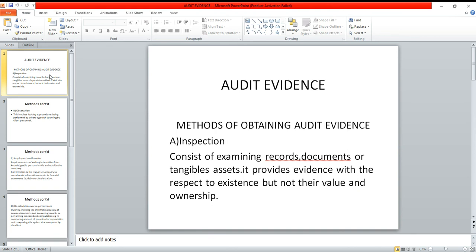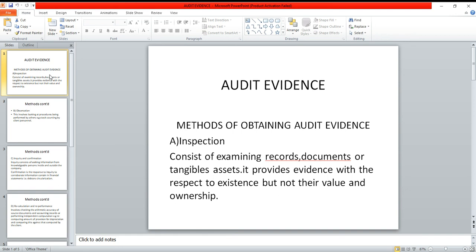We are going to start with the first method that the auditor uses, which is inspection. Inspection consists of examining records, documents, and or tangible assets. It provides evidence with respect to existence, but not their value and ownership.